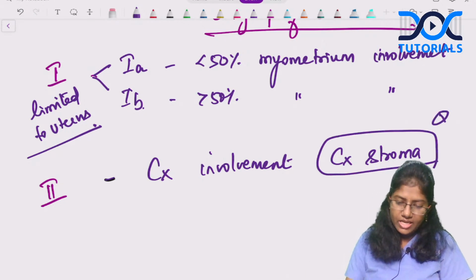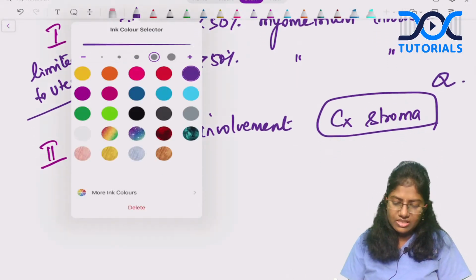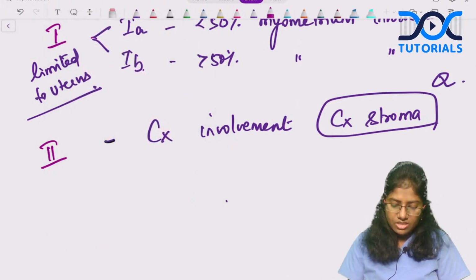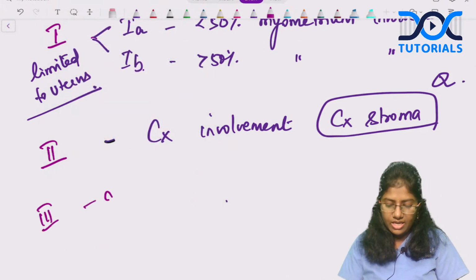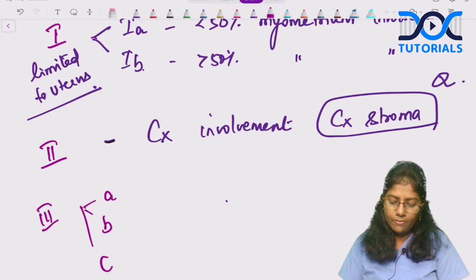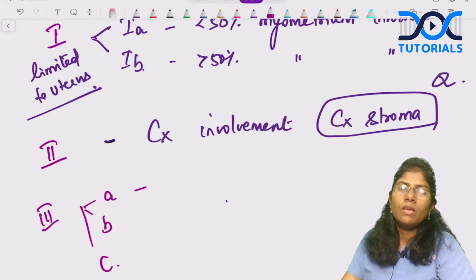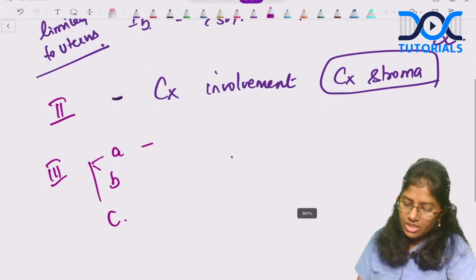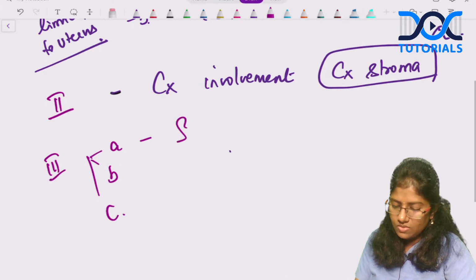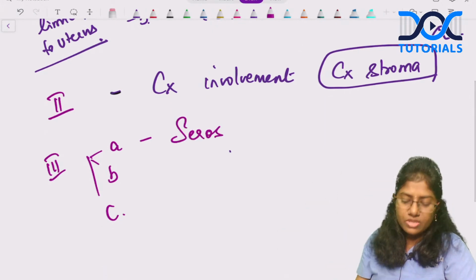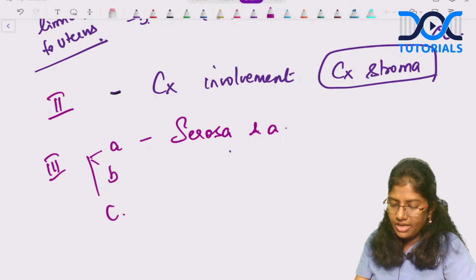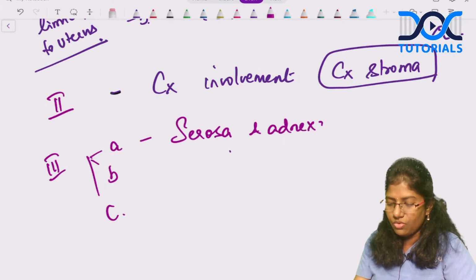What is stage 3 here? Very simple. Stage 3 has 3A, 3B and 3C. 3A is involvement of serosa, which means the peritoneal covering of the uterus, and adnexa, which means ovaries and ligaments.